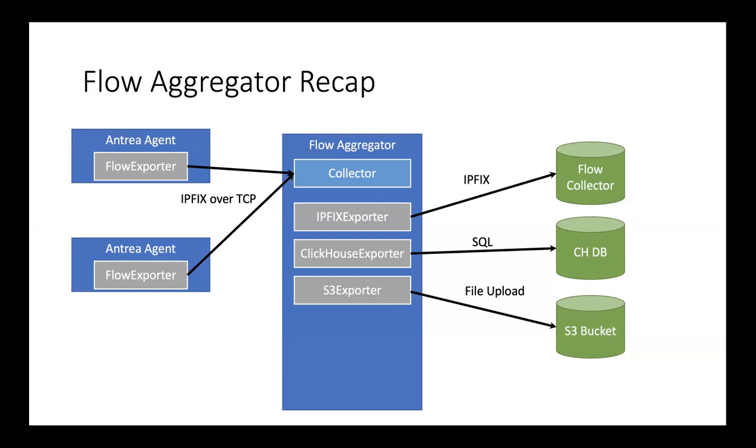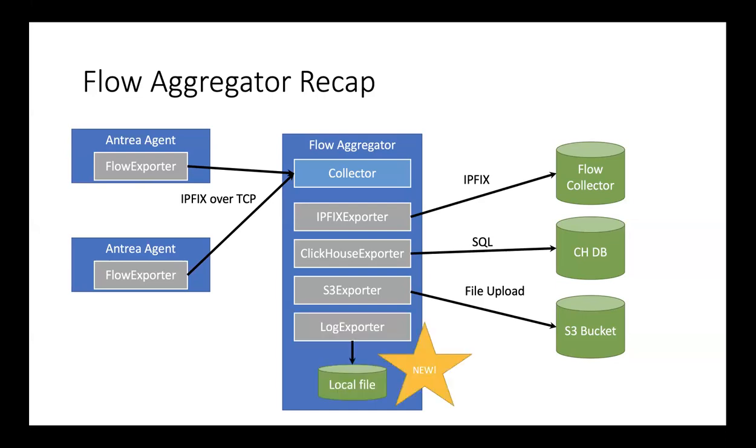That exporter uses ClickHouse Golang drivers to export flow data into a ClickHouse database. And finally, the most recent addition is the S3 exporter, which supports uploading the flow records as CSV files to an S3 bucket of your choice. So those are the 3 exporters we support today.